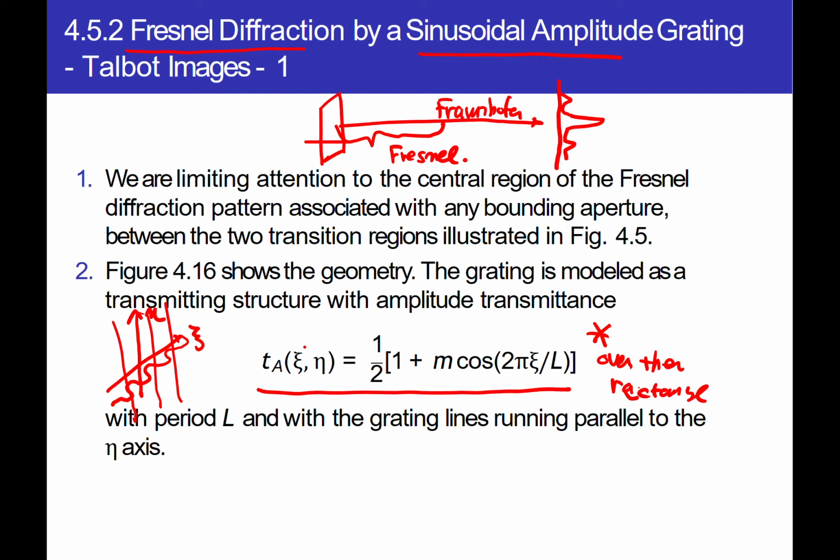Remember that it's a function of xi, so it does not depend on eta. And then we have this kind of a period, capital L. So it is an amplitude grating, so amplitude is changing, but we have an infinite plane.